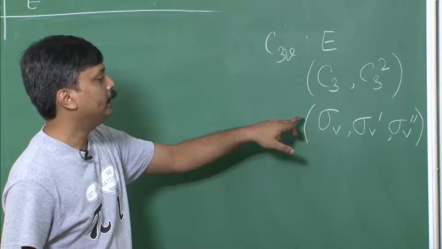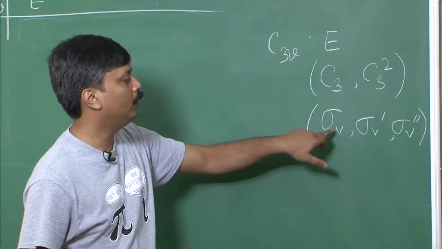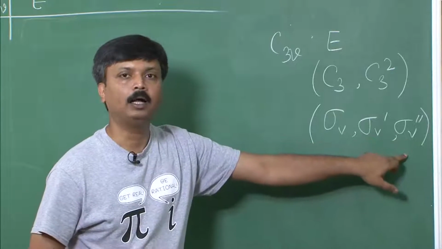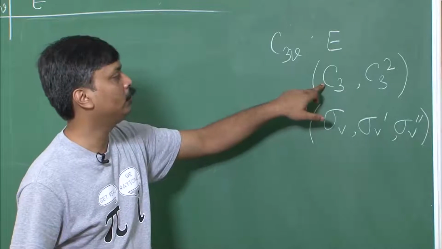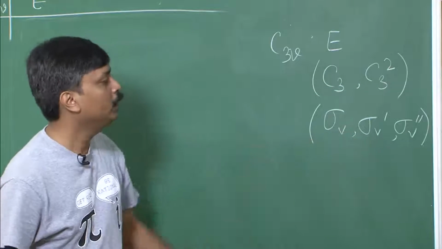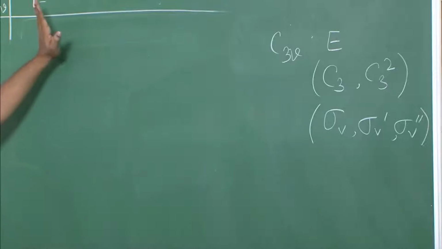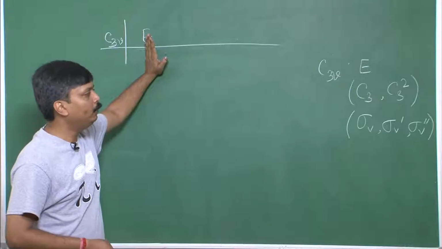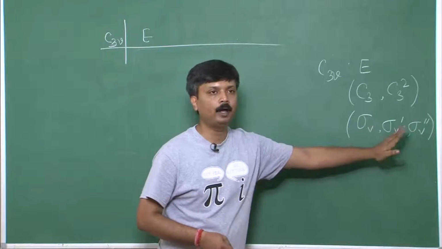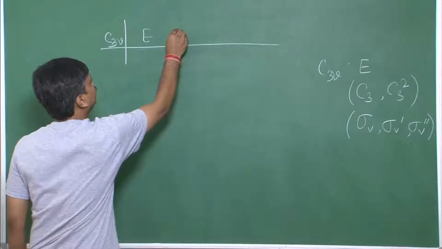Our rule 5 says that the characters corresponding to sigma V prime and sigma V double prime are the same. Similarly, the characters of C3 and C3 square will be the same because they form a class. So while writing the character table, I do not have to write C3, C3 square, sigma V prime, sigma V double prime explicitly.